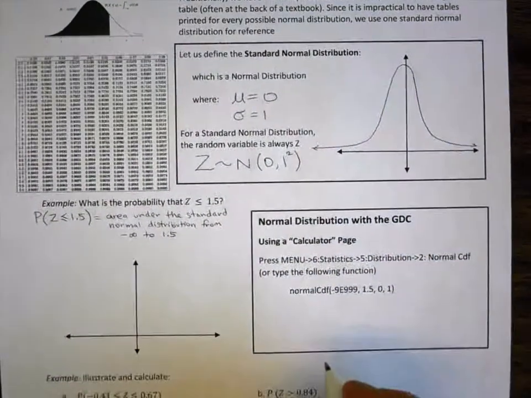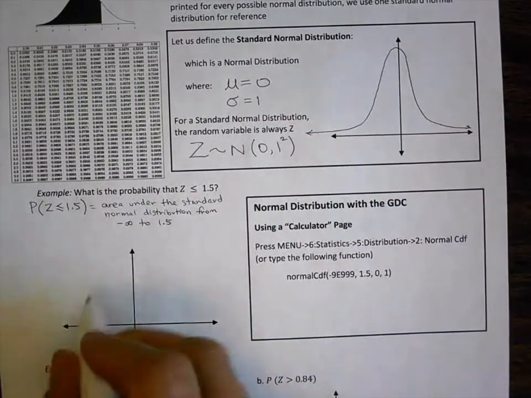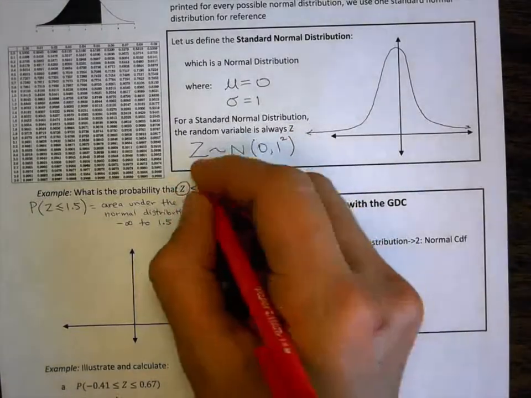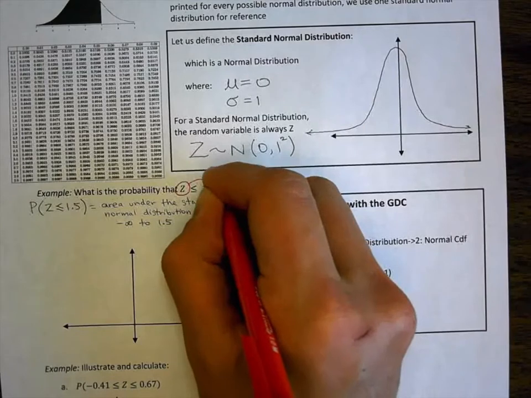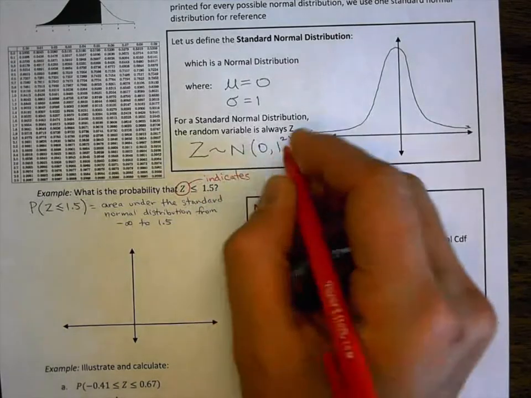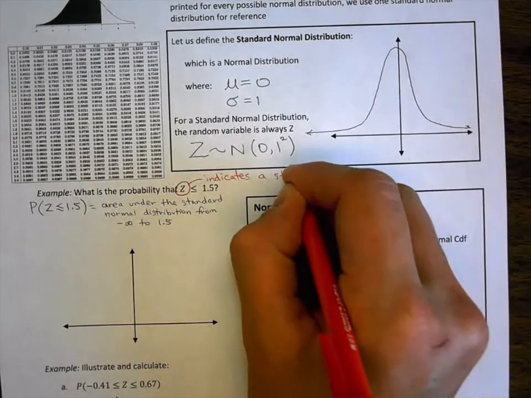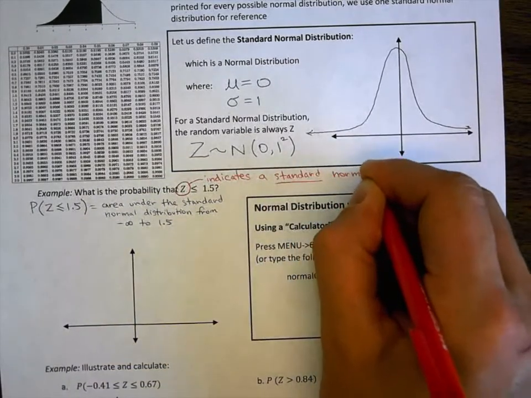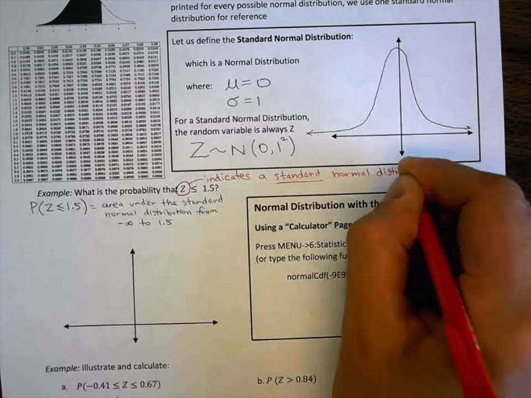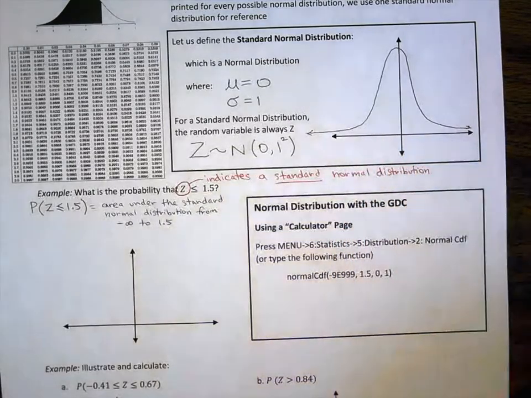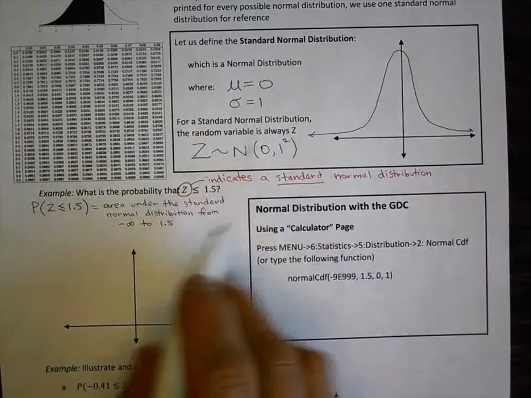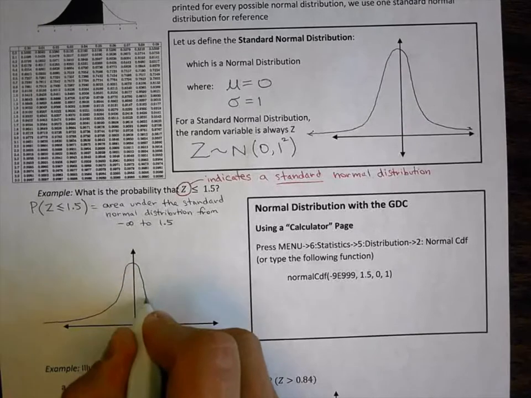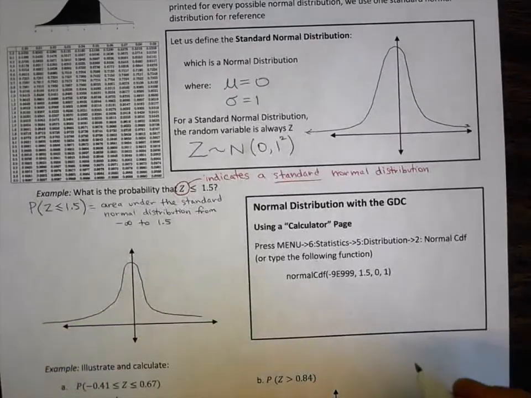So if you want, and what I always will recommend is you sketch this, right? It will always help you understand the question. So first of all, that z should be an indicator to us right away, indicates a standard normal distribution. So that means that it should be a normal distribution centered on the y-axis.